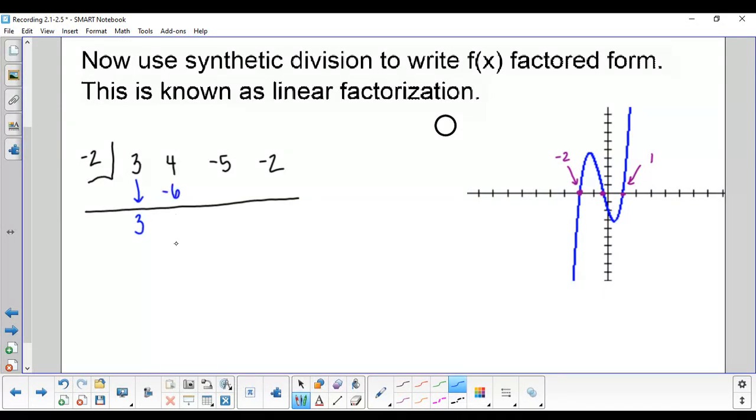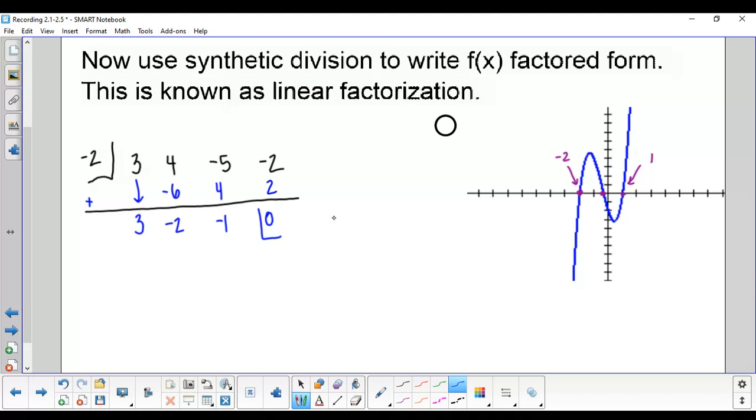Next, we add these together and we get -2. -2 times -2 is +4. -5 plus 4 is -1. -1 times -2 is +2. And -2 plus 2 is 0. So this tells me that I have a remainder of 0, and that means that was indeed a zero of our polynomial.